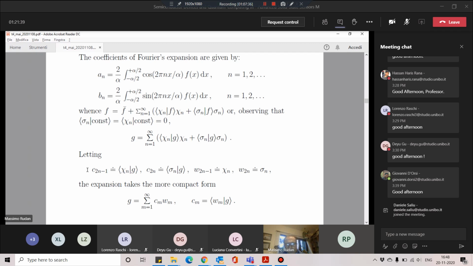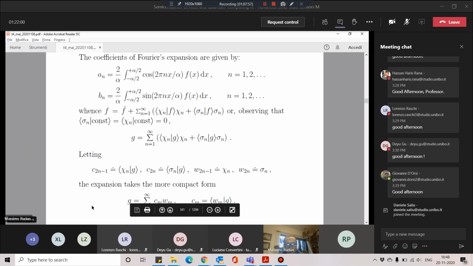So finally, the expression of the Fourier series that is in the middle of the screen, in which we still distinguish sine and cosine, takes the very compact form that you can see on the bottom.